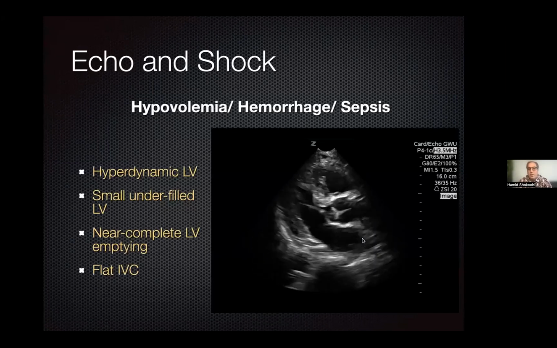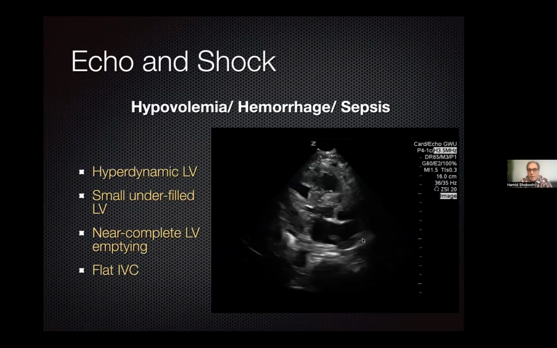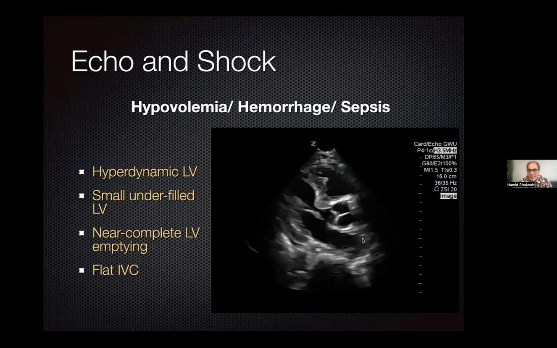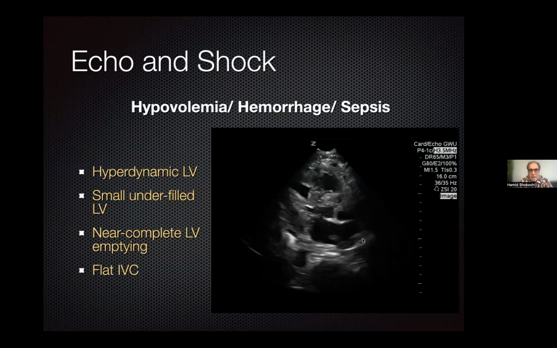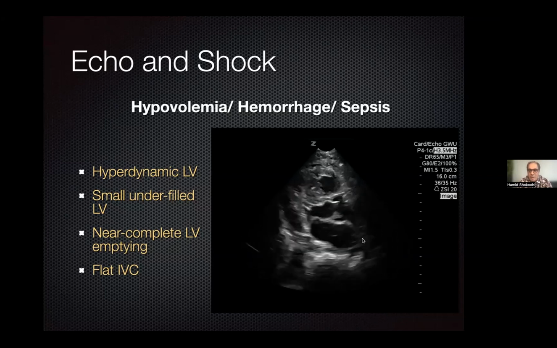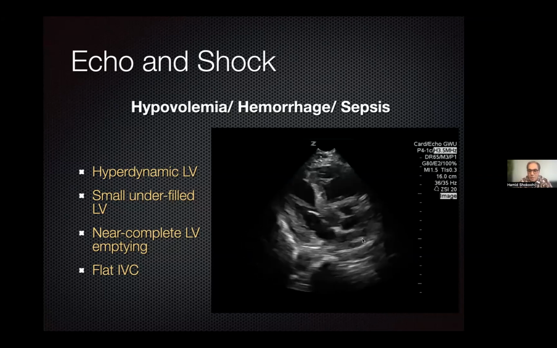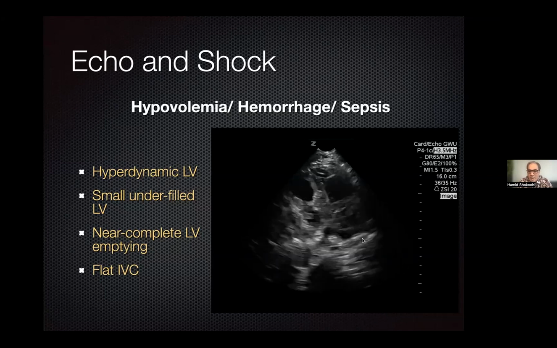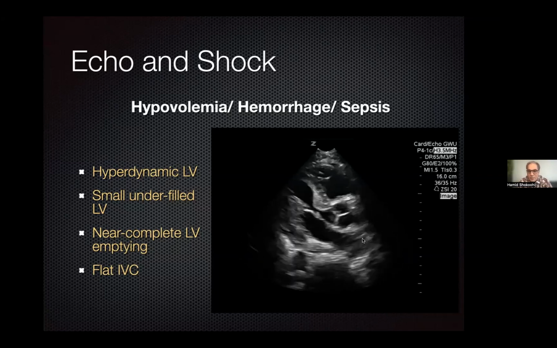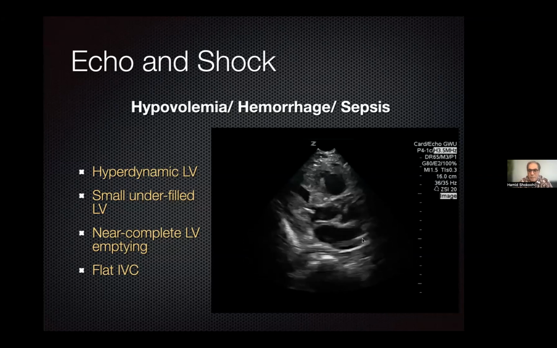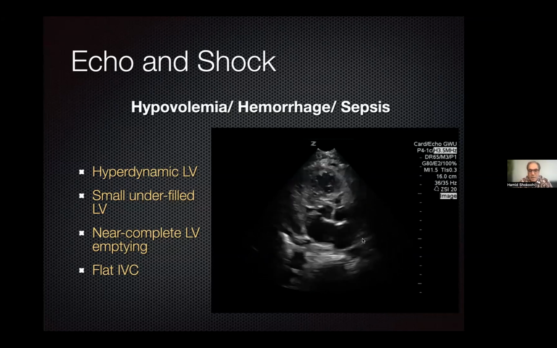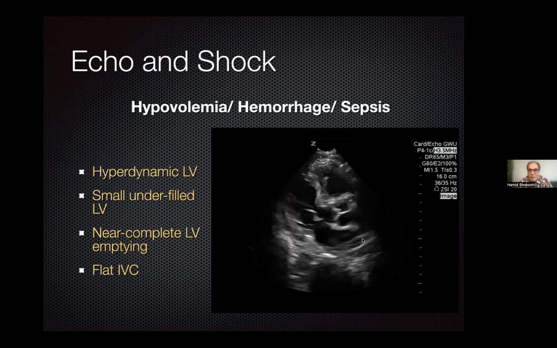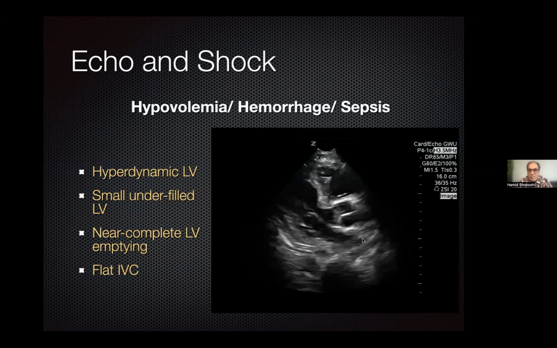Let's review one by one. In hypovolemic, hemorrhagic, and sepsis, at the beginning of the sepsis, you can see here you have a hyperdynamic LV. Your LV is functioning too much. It's just like an empty LV. It's functioning, but there's not a lot to send out. The small underfilled LV is completely emptying.